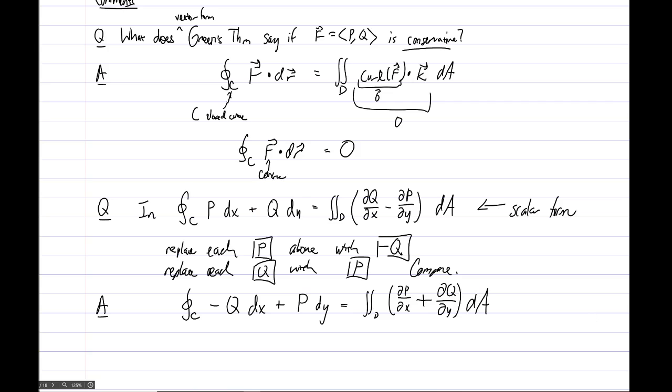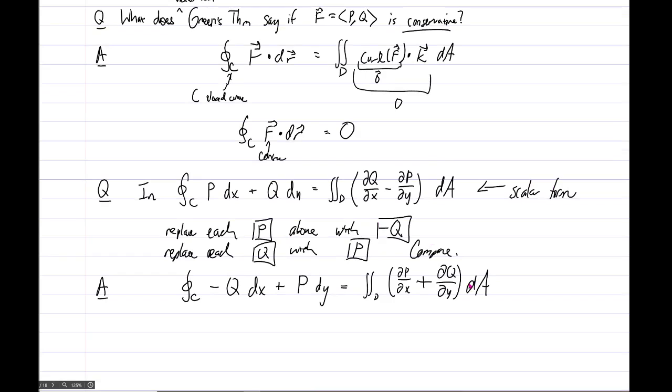Okay, so this is another form, but let's rewrite this ever so slightly. Let's just write line integral over C of P dy, switching the order of terms, minus Q dx. Maybe we should have slowed this down, so let's redo this.